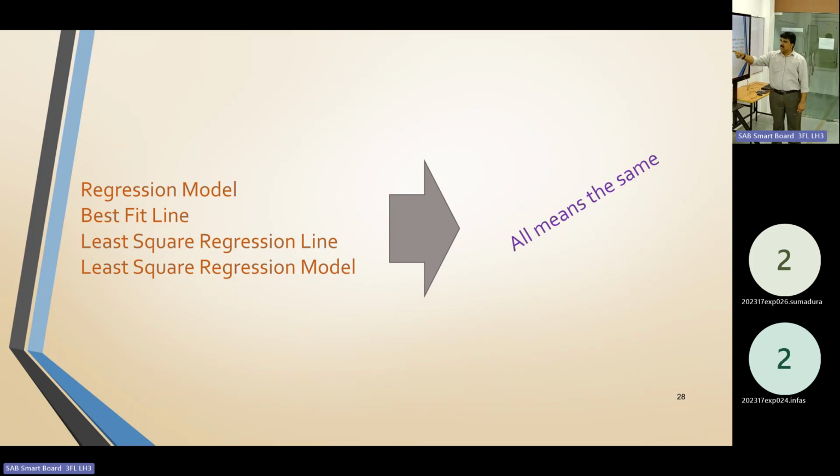All these mean the same thing. So develop the regression model, same question. Find the best fit line, same question. Find the least square regression line, find the least square regression model. All these questions are the same.